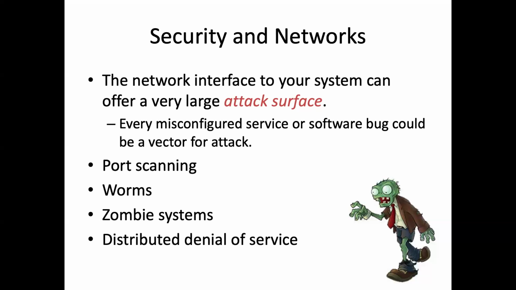I guess I'll go back to that previous idea. If I was launching attacks against millions of systems on the internet looking for vulnerabilities, then probably someone's going to come knocking at my door pretty soon because they figured out that all these attacks are coming from me. But if I can compromise some other systems that are out there, instead of launching the attacks from my system, I can launch attacks from other systems, potentially hiding my identity.